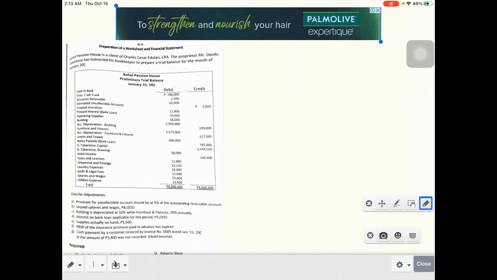So for the first problem, we have here the provision for uncollectible accounts should be at 5% of the outstanding receivable account. So for letter A, that is for the uncollectible account. So always use the outstanding receivable account. So that is the accounts receivable.